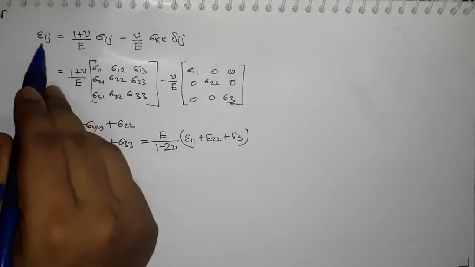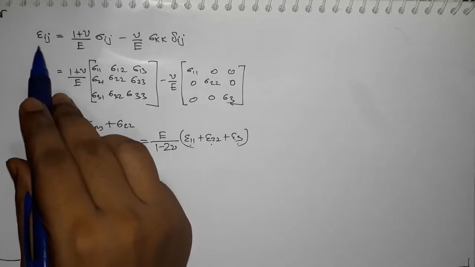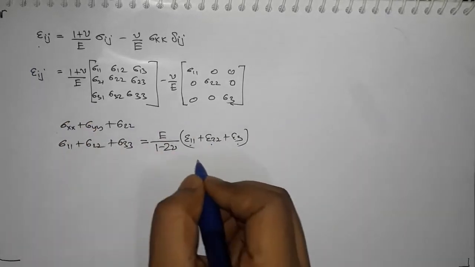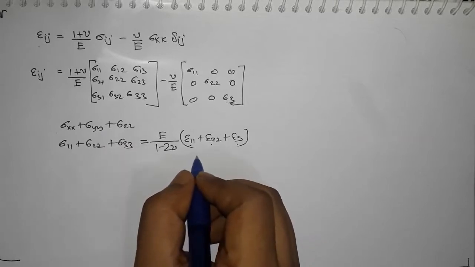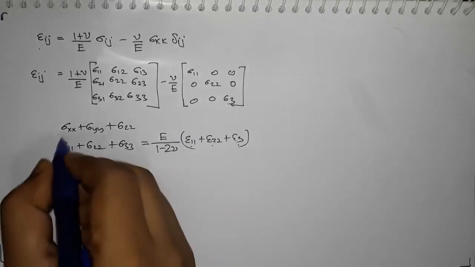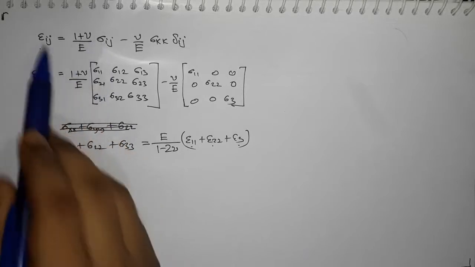You can find this by finding the expressions for epsilon 1 1, 2 2 and 3 3 and summing all three equations. This relationship tells you about some other things which we will explain later, but right now we want to find out how to get stresses from strains.